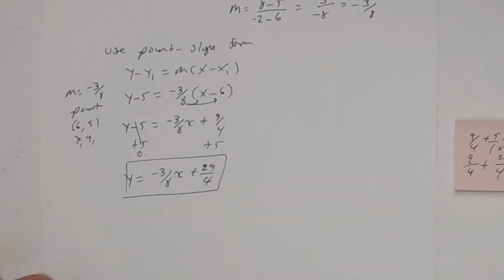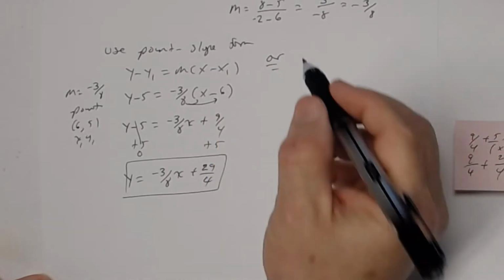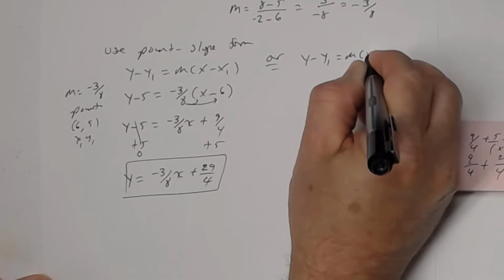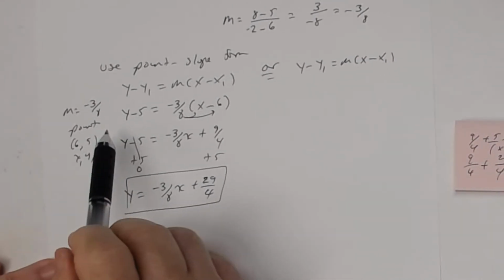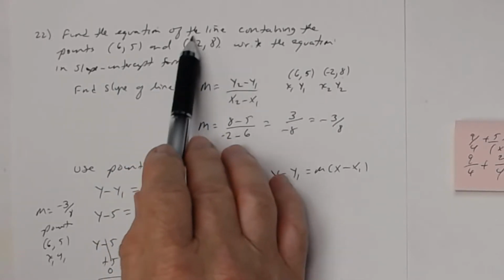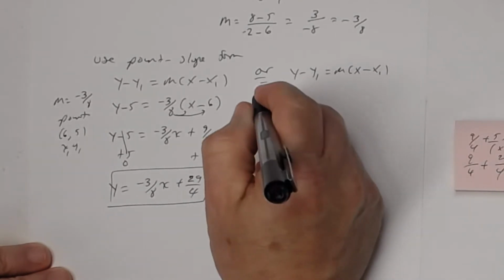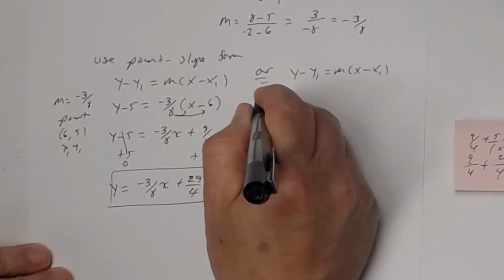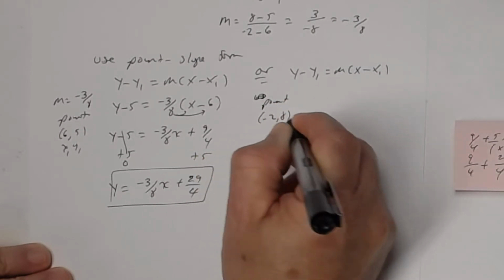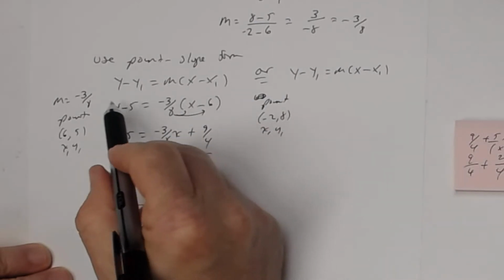Now, just to show you, some of you may have done this. So still using point slope form. The point earlier was that it did not matter which point you used, right? So some of you could have used this point here, and I'll do that just to show you get the same answer. So someone else could have said, well, I'm going to use the point being negative 2/8. Does not matter. x1, y1. So the slope, remember, is still negative 3/8.